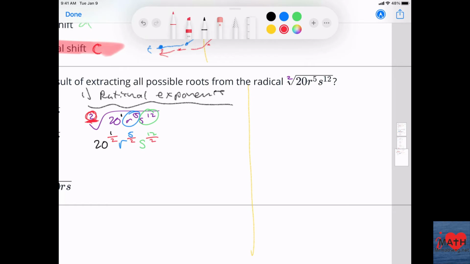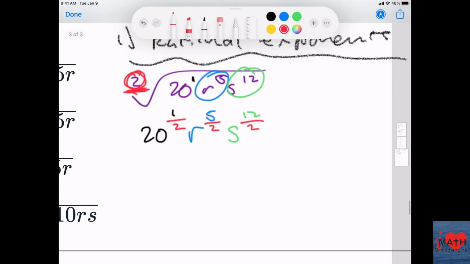Here you can just simplify, and what you want to do is make these divisible by 2's. 20 is really 4 times 5, and you can do this 1/2 here.